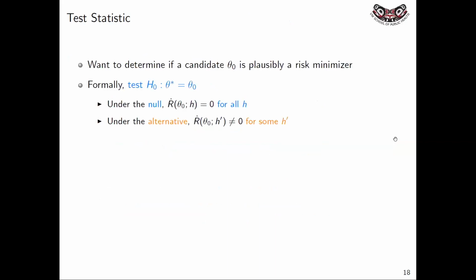Okay. So I talked about estimation of the Gateaux derivative. How do we do testing? Again, we want to determine if theta naught is a risk minimizer. And for that, we want to look at the value of r dot theta naught and see if it's 0 or not. And we do that for h within some restricted class script h.